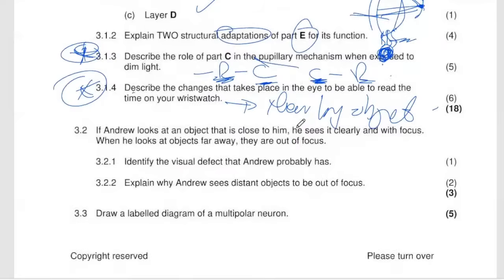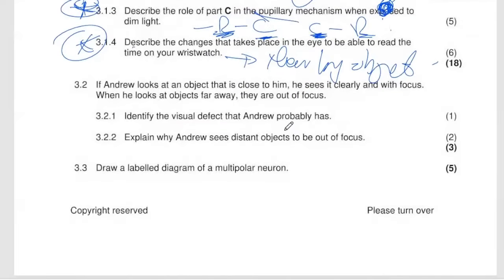So that is done. We go to the next question: when Andrew looks at an object that is close to him, he sees it clearly and in focus. When he looks at objects far away, they are out of focus. Identify the visual defect.